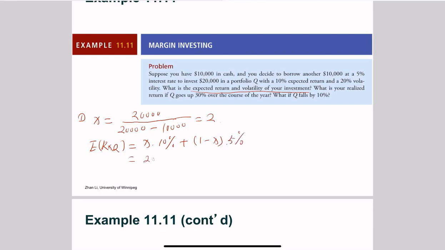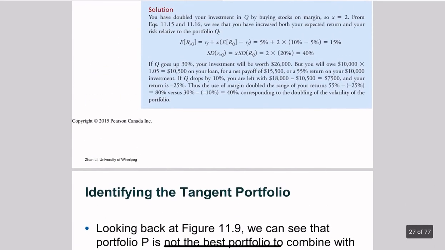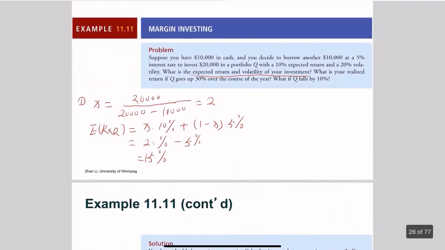So we get 20% minus 5%, which is 15%. Let me see whether I'm right. Okay, it's 15%. So what I can see here is if you just invest in portfolio Q, your expected return is only 10%.